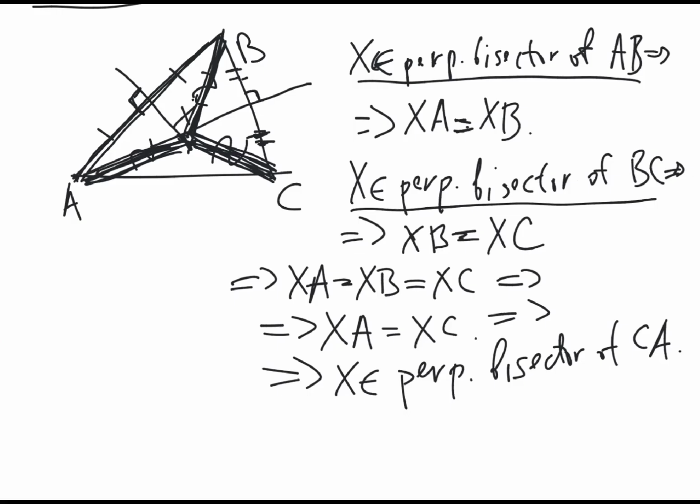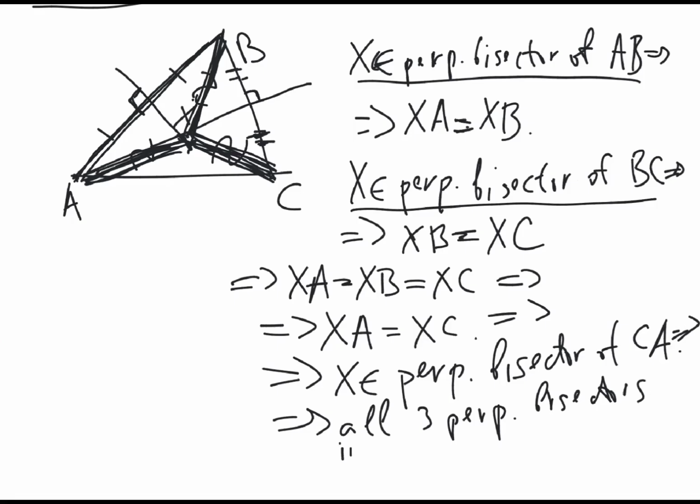And this means that X belongs to all three of them, and so this is a common point of all three perpendicular bisectors. So all three perpendicular bisectors intersect at a single point.